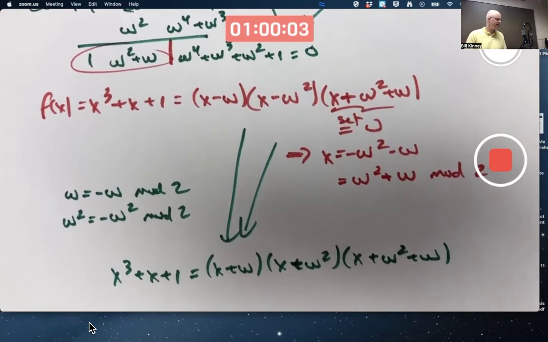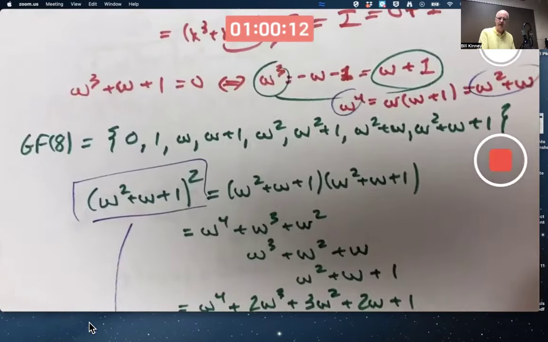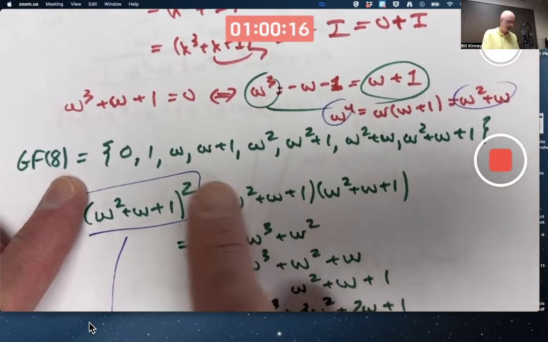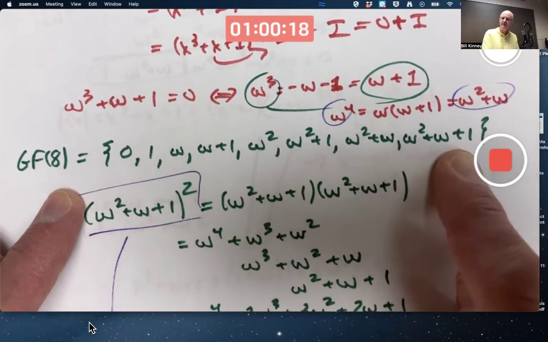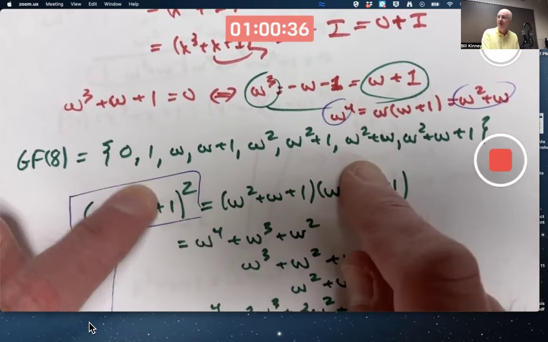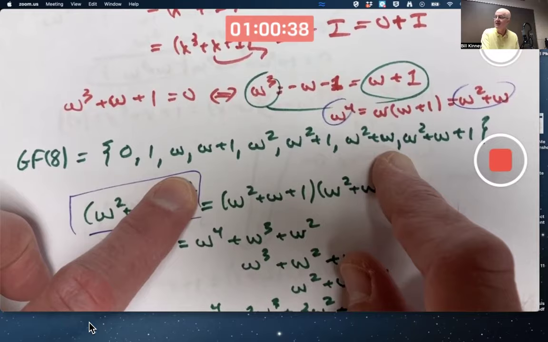What's something else you should be able to do? Find multiplicative inverses. By the way, before we do so, let's refer to that one theorem again. GF8, this field of 8 elements, as a group under addition, would be isomorphic to the external direct product of Z2 with Z2 with Z2, which would mean all non-identity elements, all non-zero elements, have order 2 under addition.